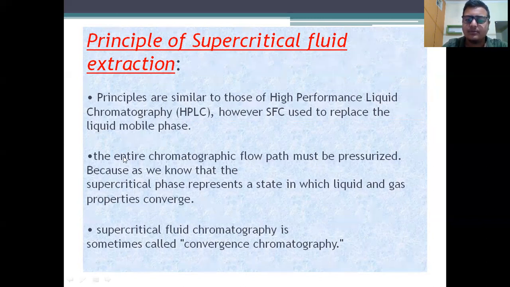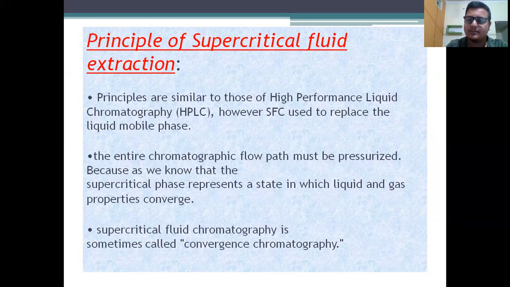Moving on, the entire chromatography flow path must be pressurized, because we know that the supercritical phase represents a state in which liquid and gas properties converge. So for ideal performance of a supercritical fluid, we have to give it the necessary pressure in the column.